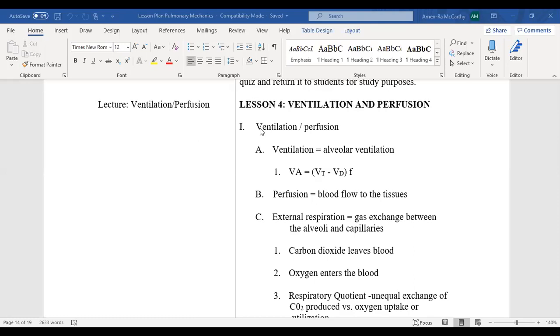I don't know why, but it is. Ventilation is the gas. Perfusion means blood. Perfusion is the blood. Perfuse means blood flow.